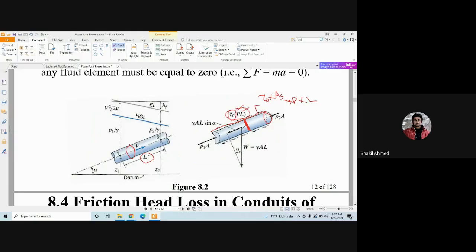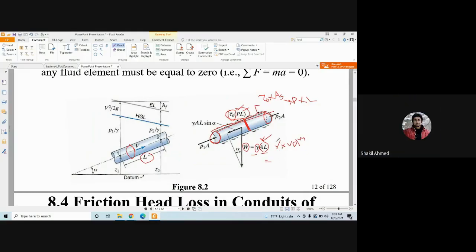And if this is the weight acting downward, weight is unit weight gamma multiplied by volume. Volume is cross-sectional area multiplied by L. That's the volume, right?